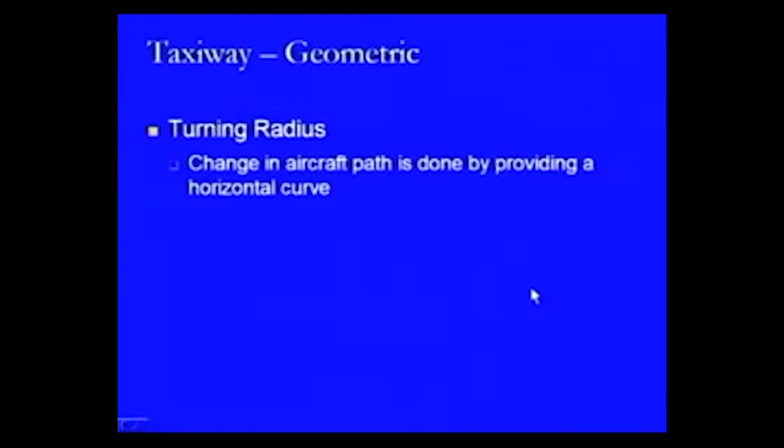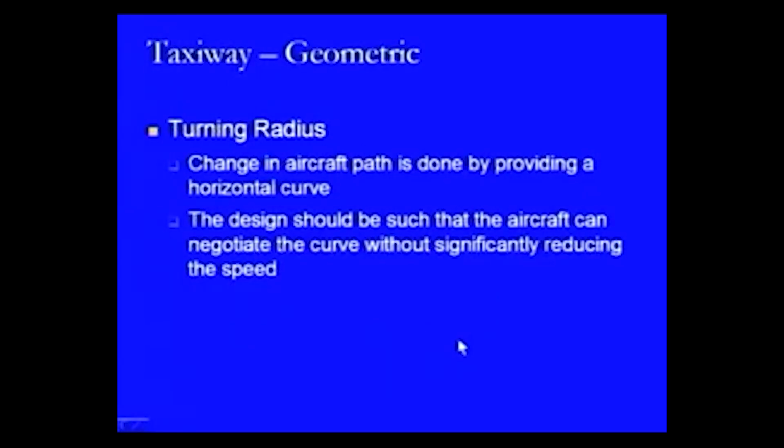Therefore we have to adjust the turning radius in such a way that the aircraft can take a turn at a higher speed to the taxiway and come to a lower speed condition. In that sense, the change in the aircraft path is done by providing a smooth horizontal curve, and the design should be such that the aircraft can negotiate the curve without significantly reducing the speed.